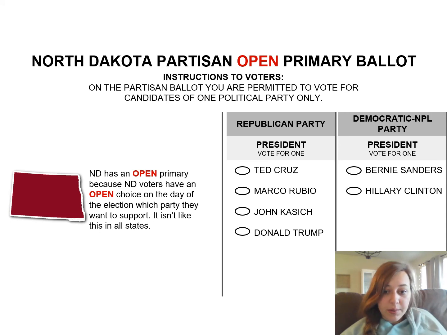You don't have to be pre-registered in advance. In a closed primary, you have to be a registered voter who is registered with the party. So on your voter registration, you need to indicate that you are a Democrat or a Republican in order to participate in the next primary for that party.